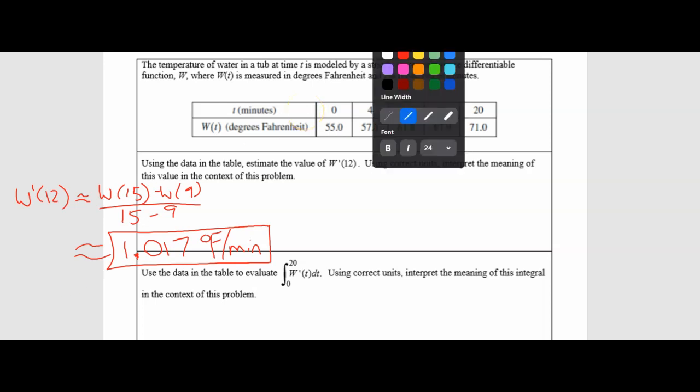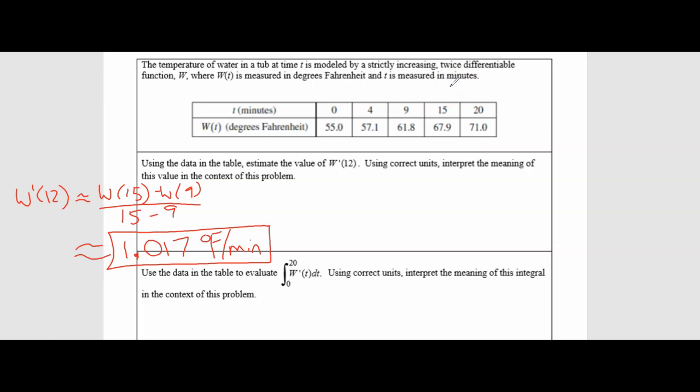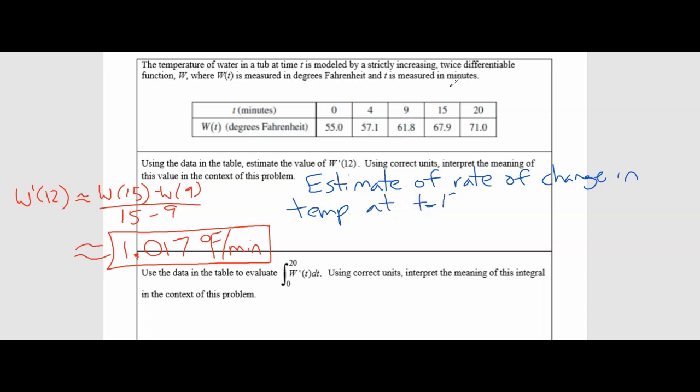So a couple of things we can write. Estimate of rate of change in temp at t equals 12.